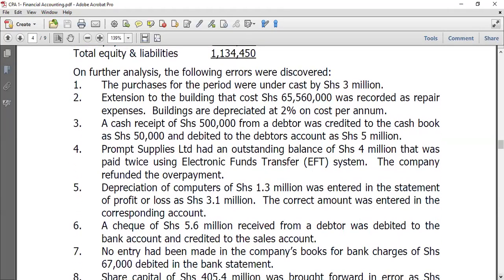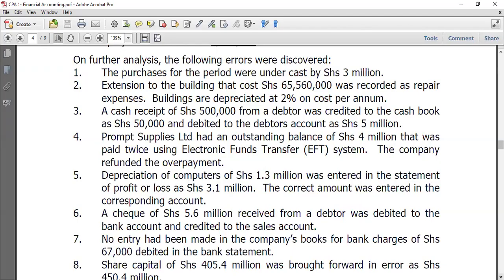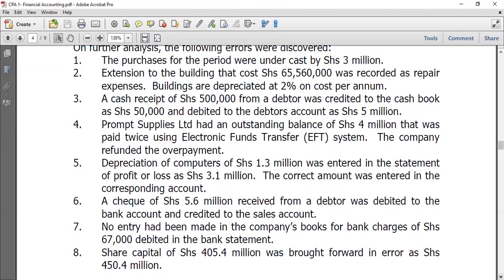Depreciation is basically debited to the P&L.